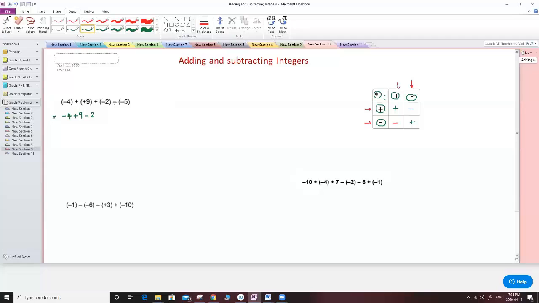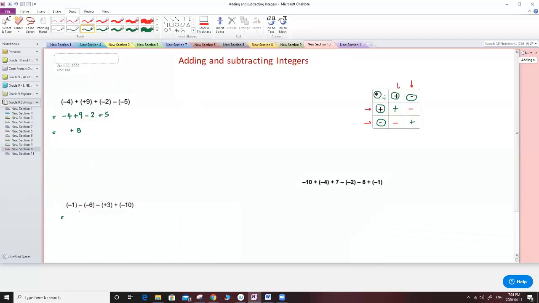And since minus and negative here have the same sign, the result is going to be positive 5. Now it's easy. If I have negative 4 and I'm adding positive 9, it's going to give me positive 5. And I reduce 2, that means positive 3, and I'm adding another 5, it's going to be positive 8. And this is the solution of this algebraic expression.